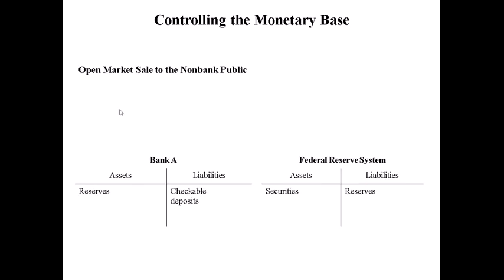How about if George writes the Fed a check in this particular open market sale to him? So the Fed is selling securities to George Jetson, who pays for them by writing the Fed a check. And the check is in an amount of $100 million. And since George Jetson banks at Bank A, his checking account goes down by $100 million. And if everything else is held constant, Bank A's checkable deposits decreased by $100 million.